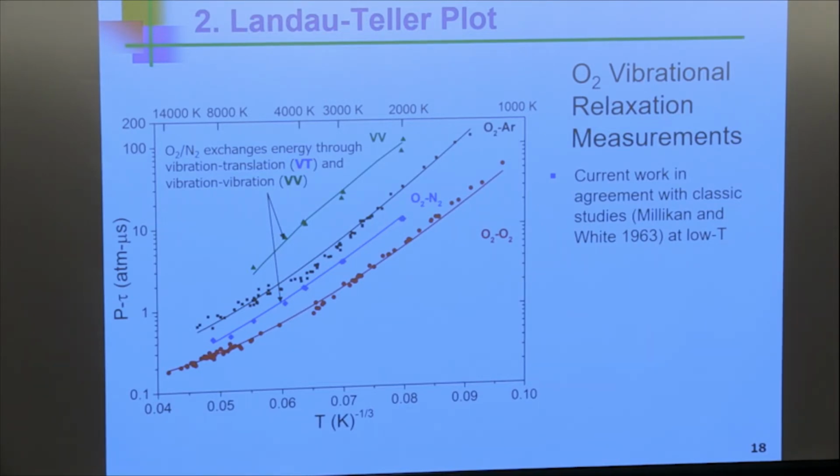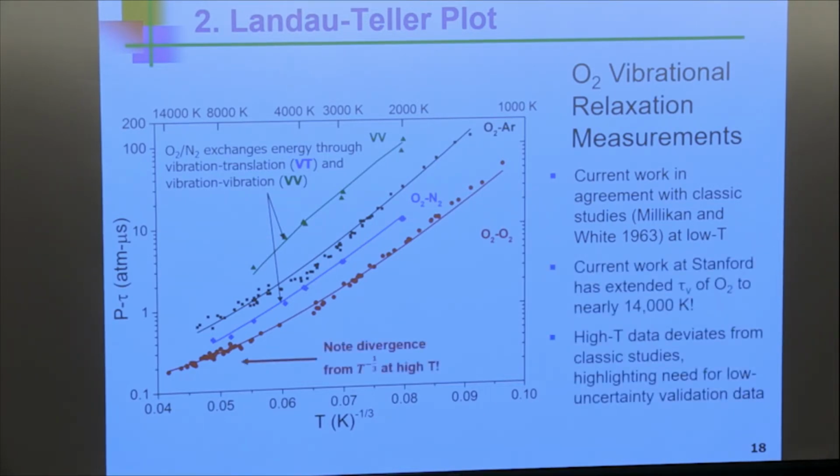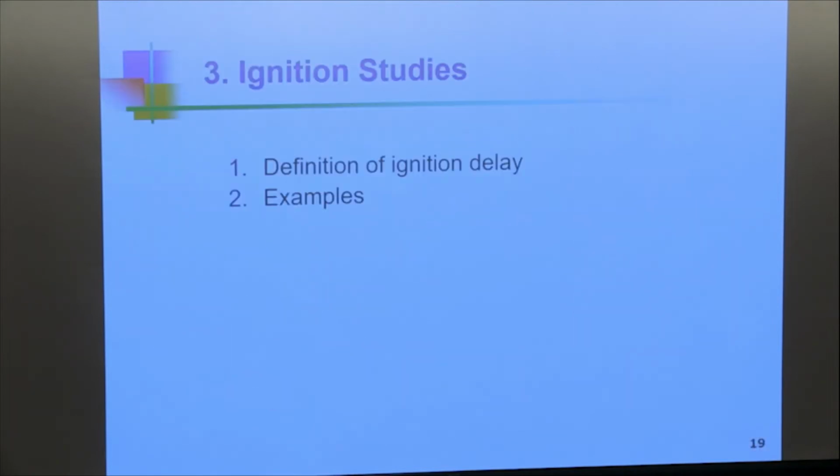It's the first time. I know there's some Russian scientists who tried to do this with lamps, not lasers, but lamps. And they showed some similar trends, but much higher scatter. We got up to 14,000 degrees. So the main thing is that the biggest problem is that the Millikan-White model breaks down at high temperatures.